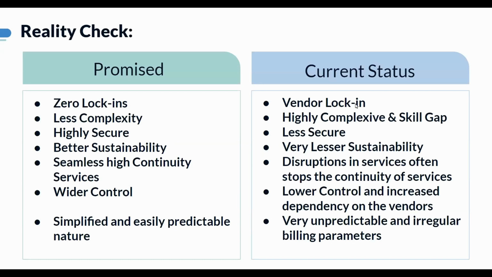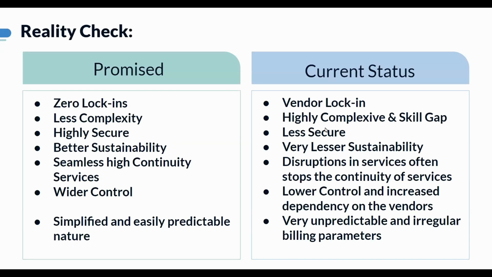Vendor lock-in has put customers and the maintainers or owners of a particular project in a position where they can't move their cluster to other sites. So the vendor lock-ins have been made. It's been getting really complex. A skill gap has been imposed in the whole domain. It's less secure. We've been seeing a lot of data breaches.